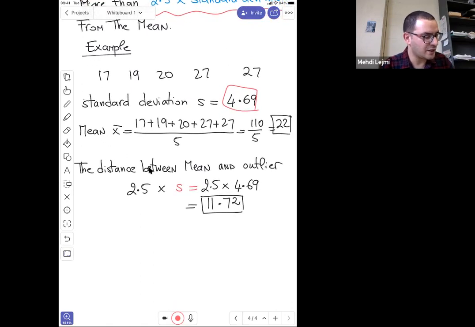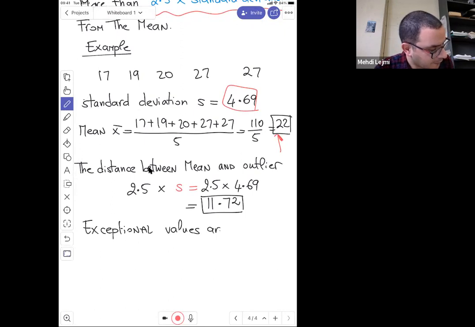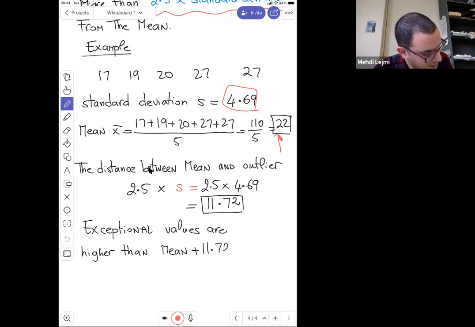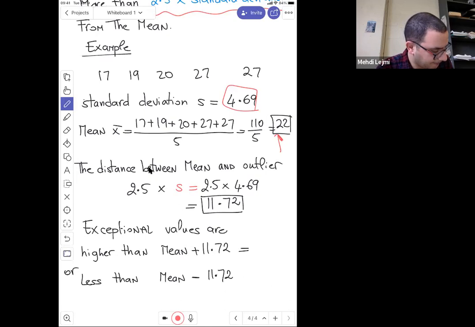Now the mean is 22. So if you have exceptional values, they are going to be higher than the mean plus 11.72, or less than the mean minus 11.72.